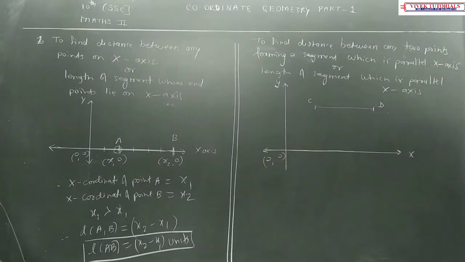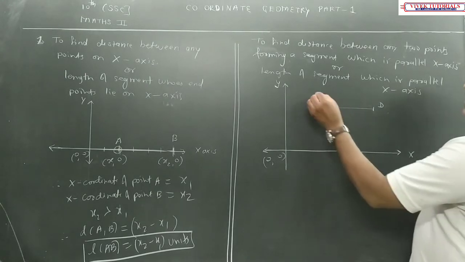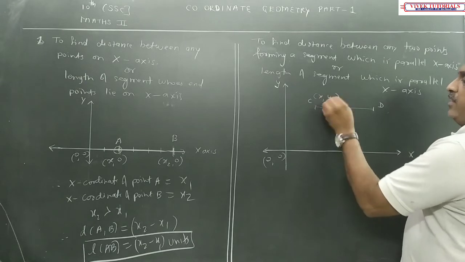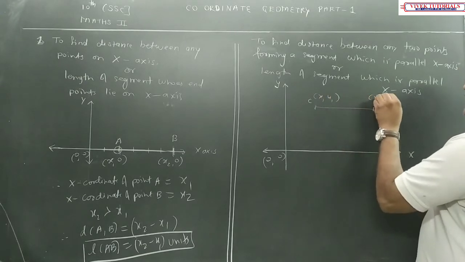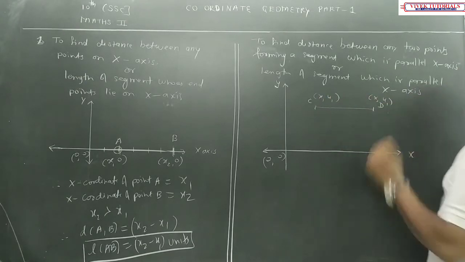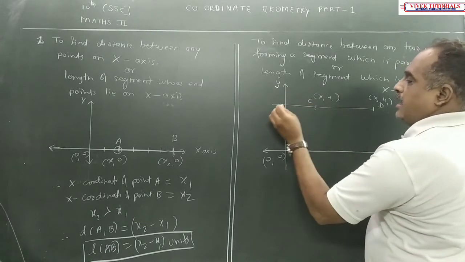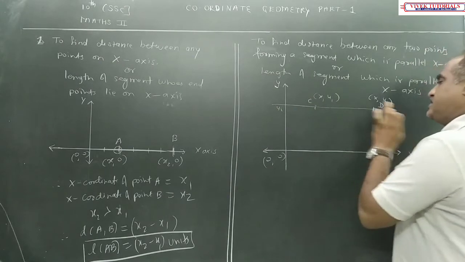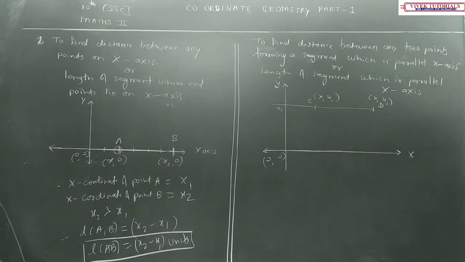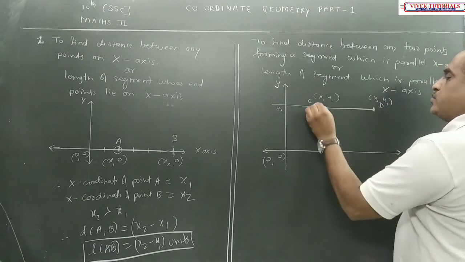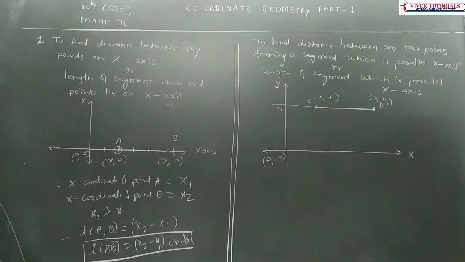Now this segment has coordinates x1, y1, and here it is x2, y1, because this will remain as it is. So we are talking about x1, x2 only, is it right?